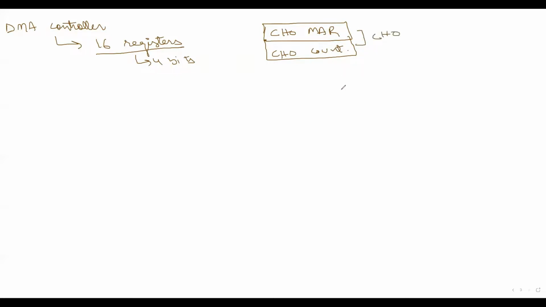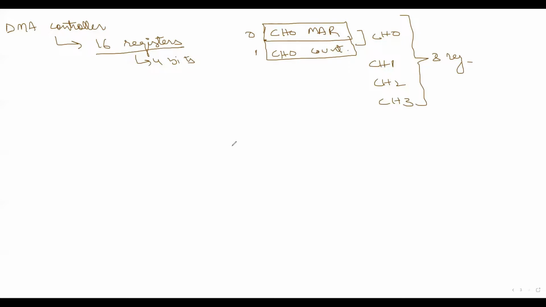And we know how many channels are there? 4 channels. So there will be these 2 registers for channel 1, channel 2, and channel 3. So it makes the total 8 registers. So this address is 0, this is 1, then we have 2, 3, 4, 5, 6, 7, 8. Then there are 8 more registers.